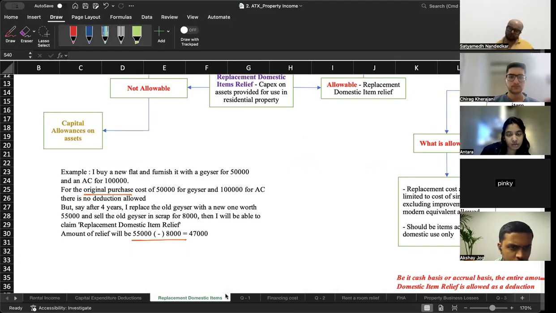So this is how the replacement domestic item relief works.